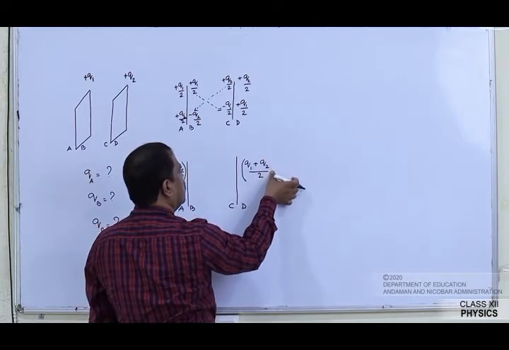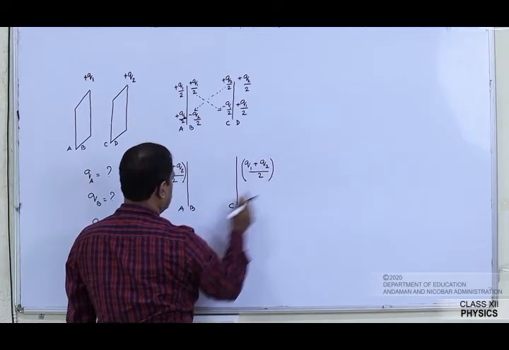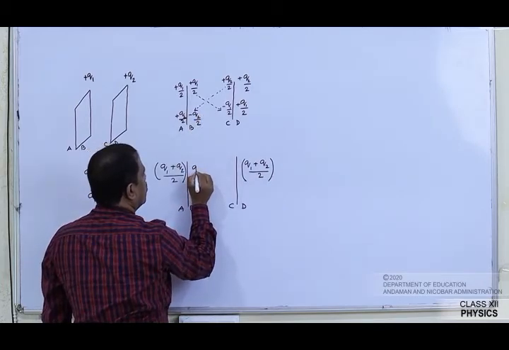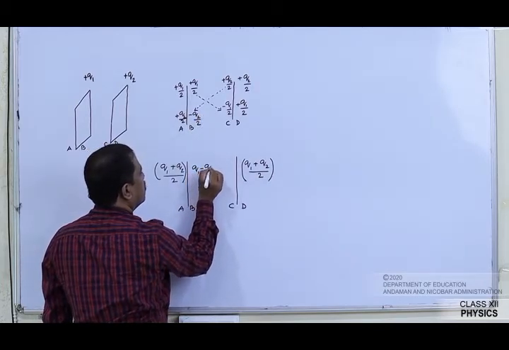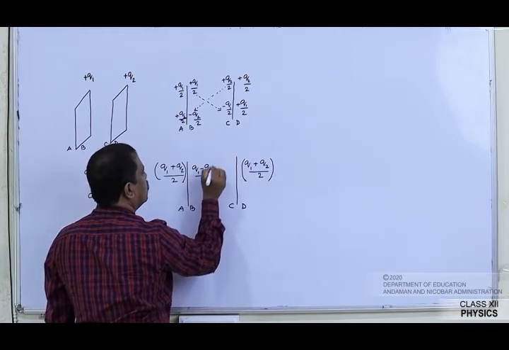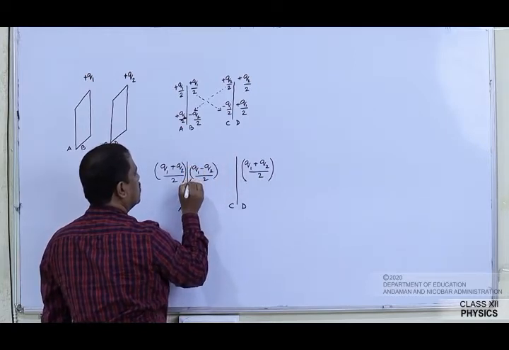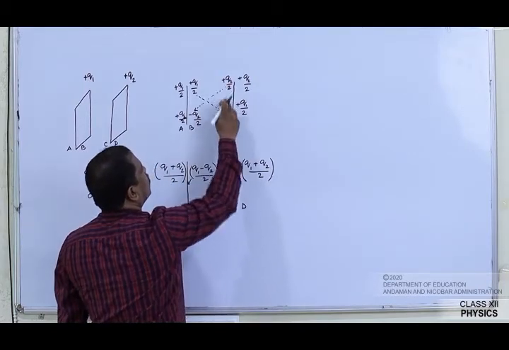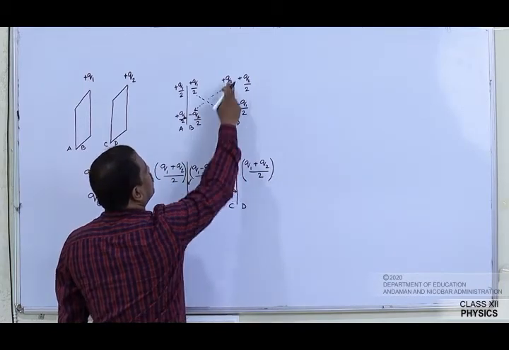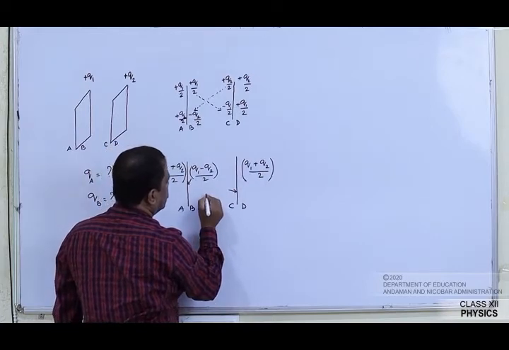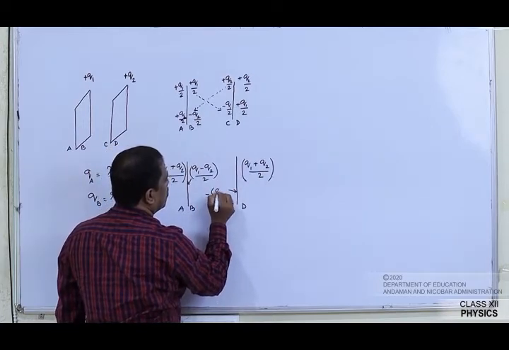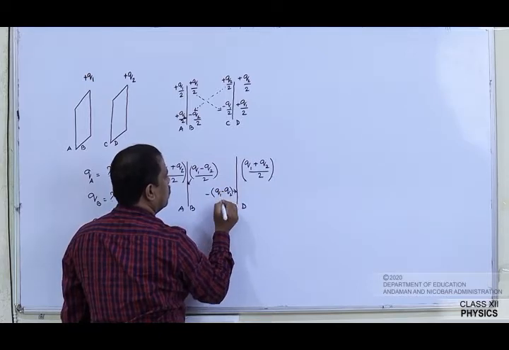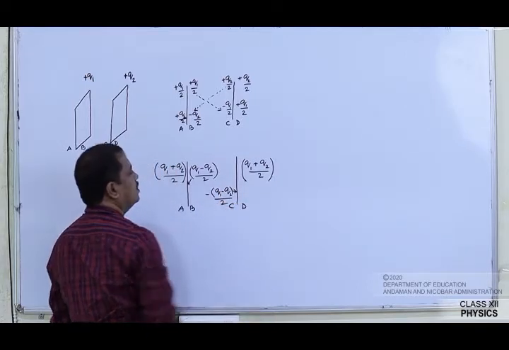Then for face B, the charge is q1 minus q2 by 2. And on face C, the total charge is minus q1 plus q2, so I rewrite this as minus of q1 minus q2 by 2. So these are the charges.